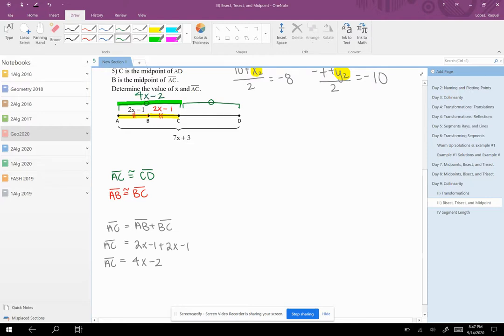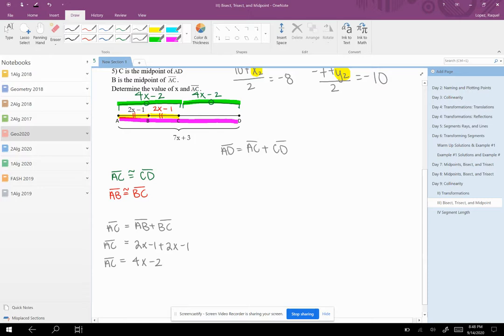But if AC is 4x minus 2, then CD is also 4x minus 2. So I'm also going to label that right here. Now I'm able to figure out what x is, because this whole segment AD that I'm highlighting in pink is made up of AC, the two green pieces, plus CD.